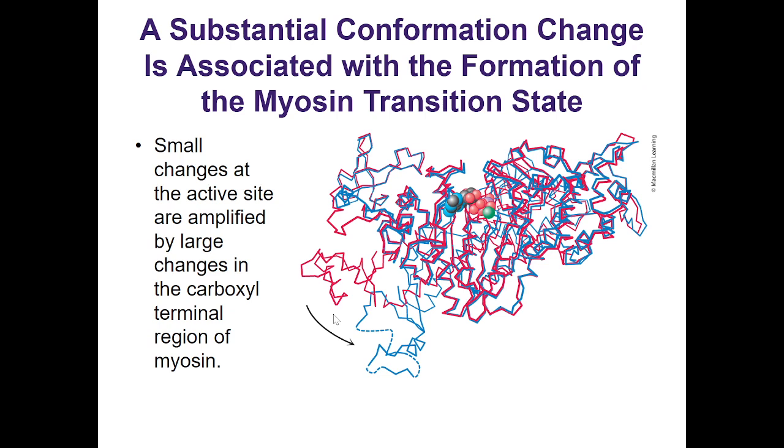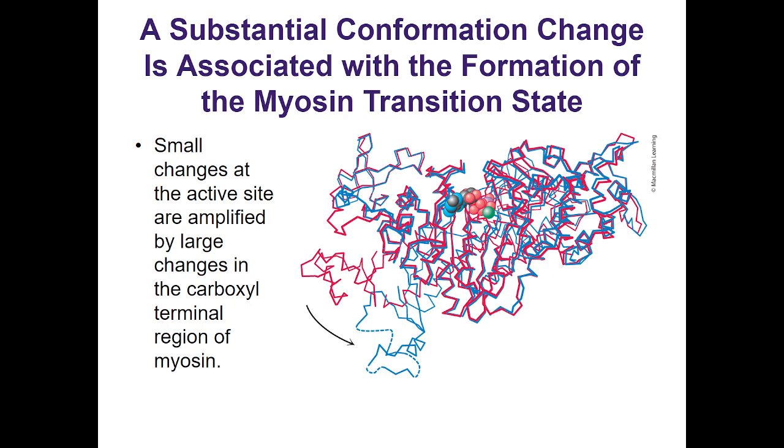Okay. So we can see here that these relatively minor small changes in the active site cause fairly large changes over here, right? And that's what an engine ultimately does, doesn't it? It transfers a relatively small change at the engine site to a large change somewhere else.